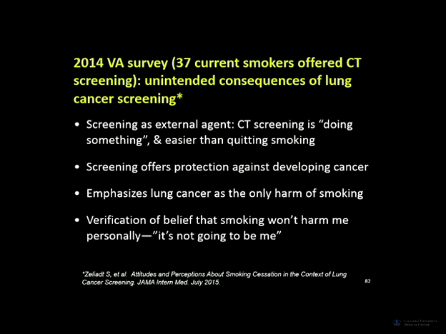And it also emphasizes lung cancer as the only harm of smoking. We know that smoking can raise the risk of multiple diseases, but by focusing on lung cancer, that can make some patients perceive that as the only possible risk of smoking. And having a negative test can help consolidate an error in thinking that some smokers have, that it's not going to be me. So because I have a negative test, it's someone else who's going to have a positive test and develop lung cancer.